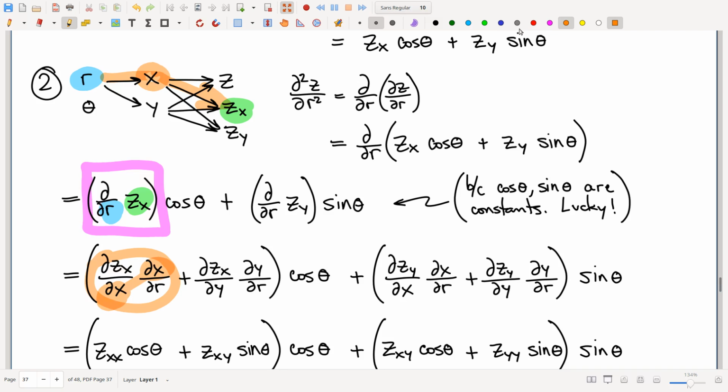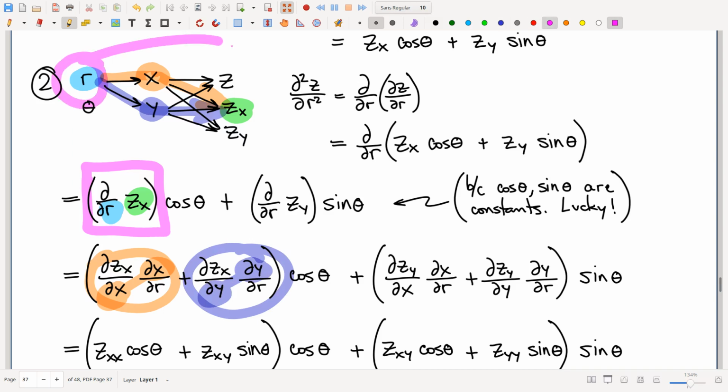And then we also have the y intermediate variable, through which we have a y path giving a y term. Those are the only two intermediate variables, the only two paths, and thus the only two terms in the computation of this partial derivative. And so we've applied the chain rule.